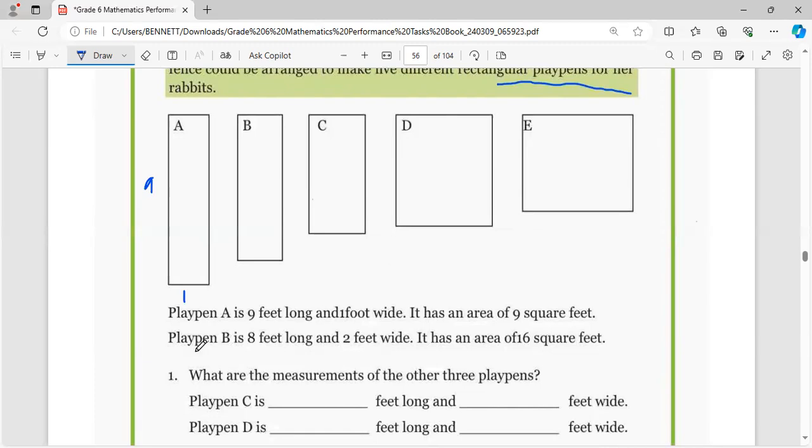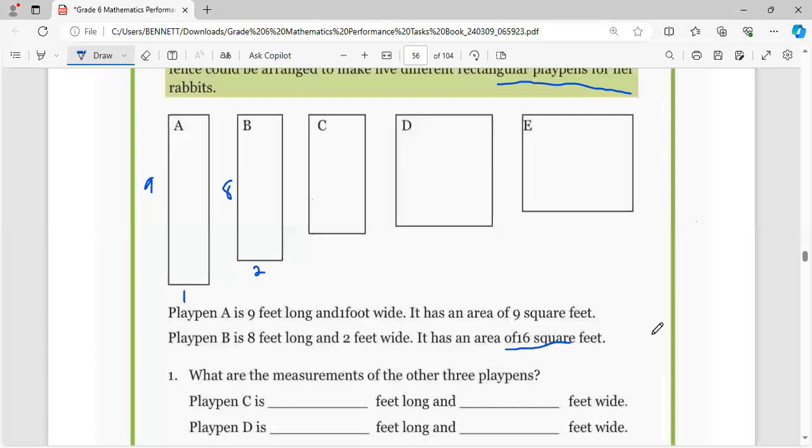Playpen B is 8 feet long and 2 feet wide. So you put in those little measurements there. You need to start seeing everything. It has an area of 16 square feet. So they tell you about that one.